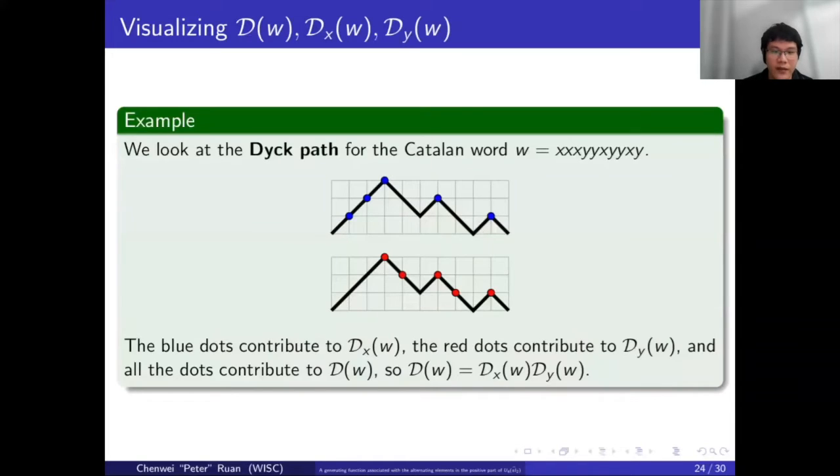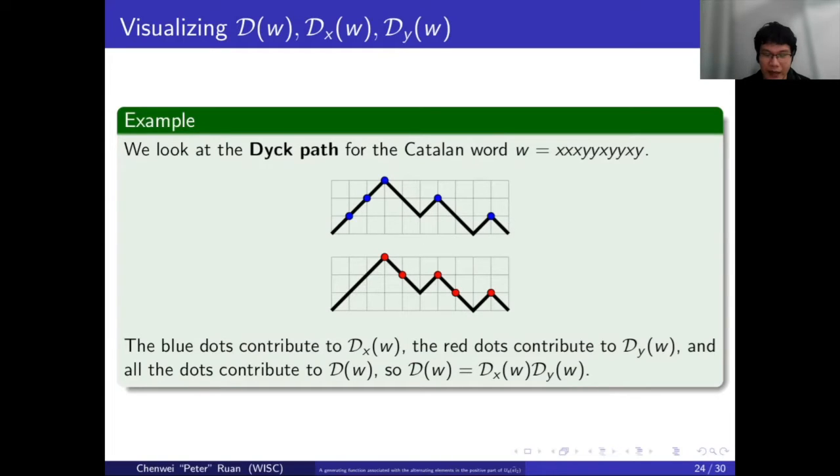Okay, so now let's try to visualize this \hat{d}, \hat{d}_x and \hat{d}_y. We look at this word as an example: xxyyxyyxy. Recall that the Dyck path for a Catalan word is a path starting from the point (0,0) to the point, in our case, (10,0), because there are 10 letters in this word.